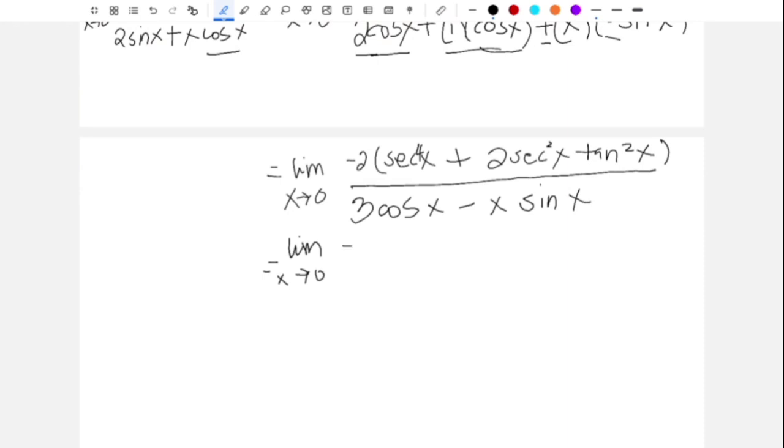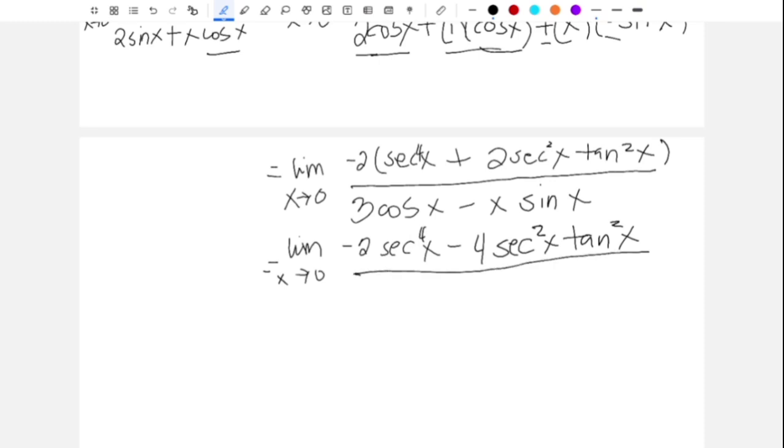We'll have negative 2 multiplied by secant x raised to 4, then negative multiplied by positive, we will get negative 2, 4. 2 times 2, we'll have 4 secant x squared tangent x squared.